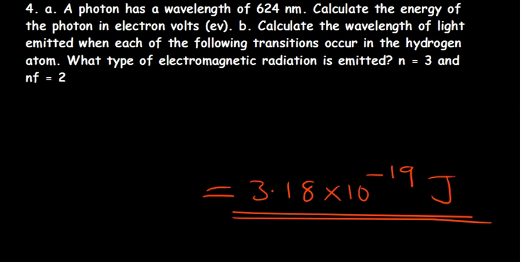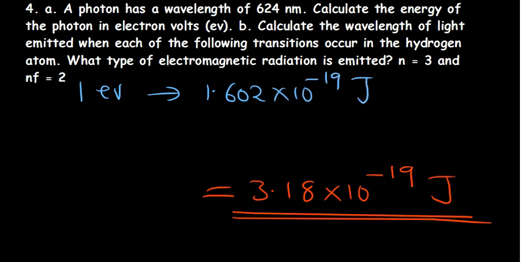So the conversion factor: 1 electron volt is equal to 1.602 times 10 to the power negative 19 joules. So you can put x here to represent the volts. We're just going to divide by that value. Okay, so divide by 1.602 times 10 to the power negative 19.